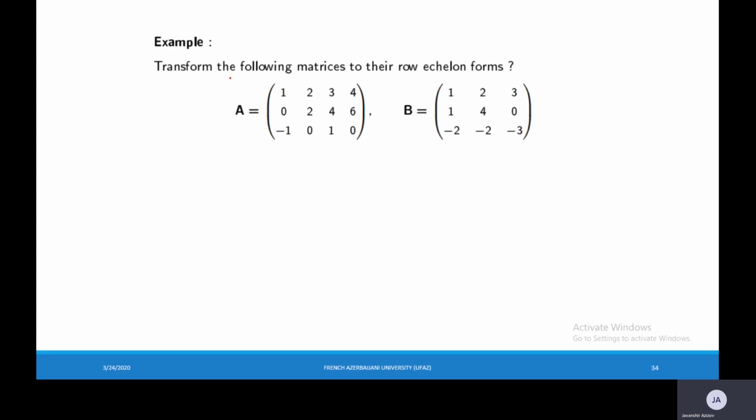Example. Transform the following matrices to their row echelon forms. You see we have two matrices A and B. Here I'm going to find the row echelon form of A. You can find the row echelon form of B by yourself. Okay.